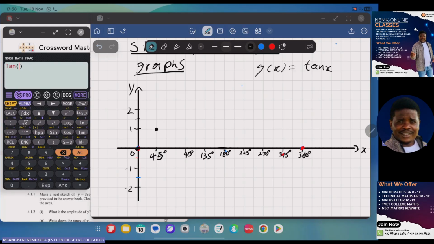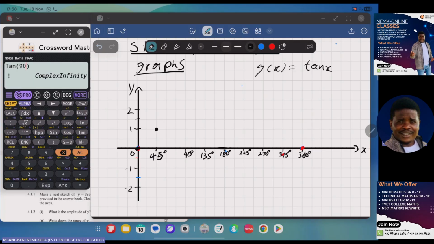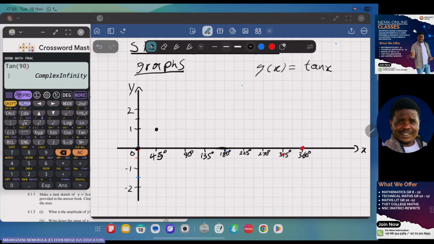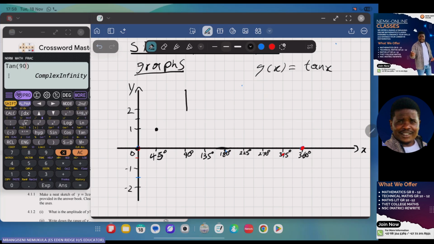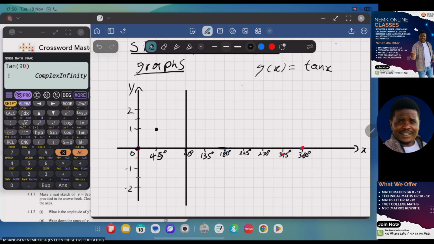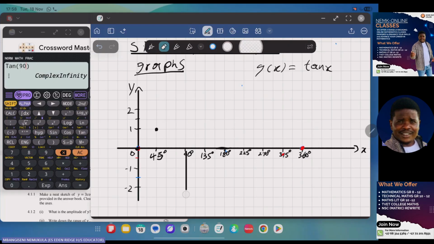Then let's go 90. 90 is complex infinity, meaning it's an error. When it says syntax error, you make a dotted line. It's a vertical dotted line passing through 90.